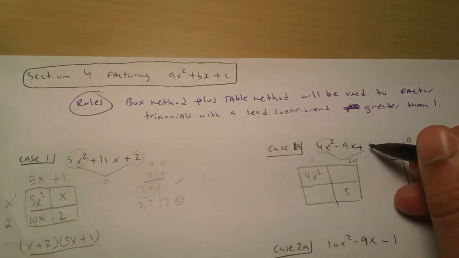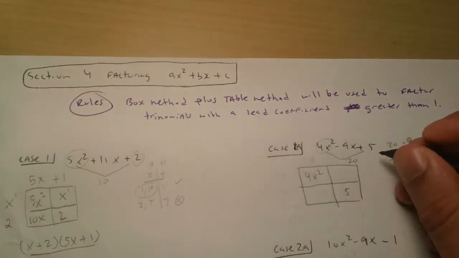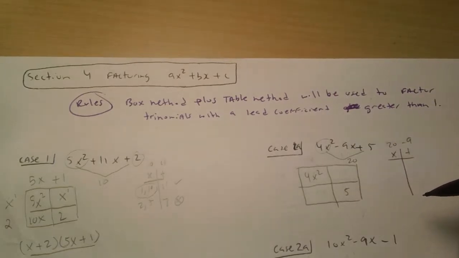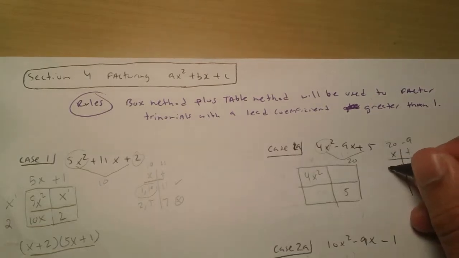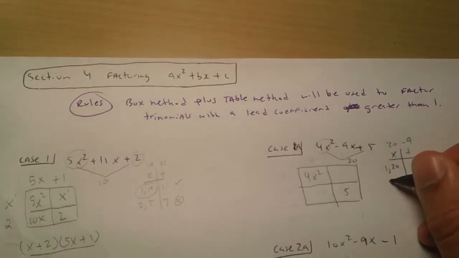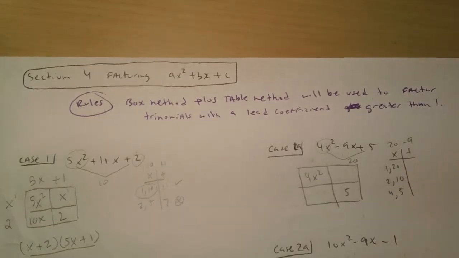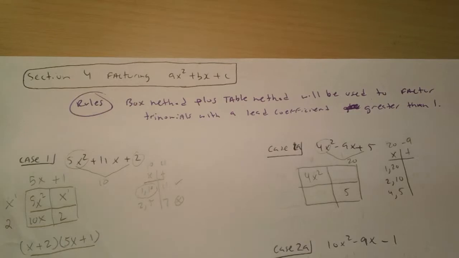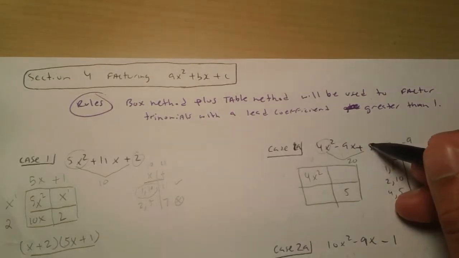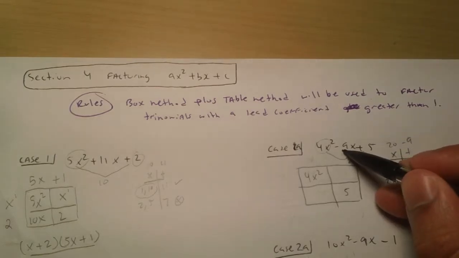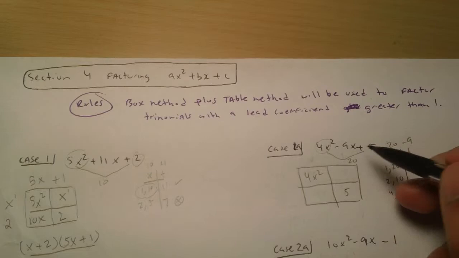Okay, so our C term is positive, and our B term is negative. Let's see how that's done. We have factors as 1 and 20, 2 and 10, 4 and 5. We have a positive C, so all of our factors will have to be negative according to our B sign.